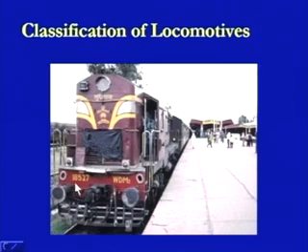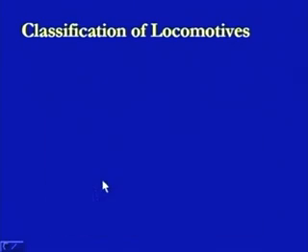Similarly, there is a number defined here as 18527. The first three digits, 185, define the series. It means it is a 185 series locomotive, and 27 means the production number. So in the 185 series, it is the 27th production of this type of locomotive, WDM2. That is how these numbers are defined and categorized.